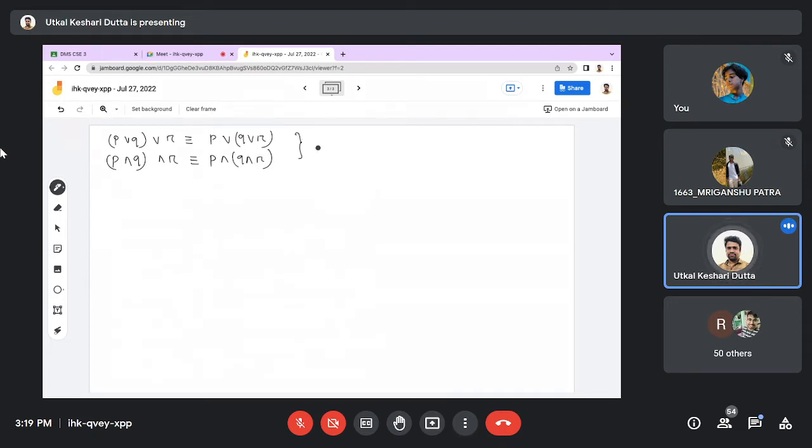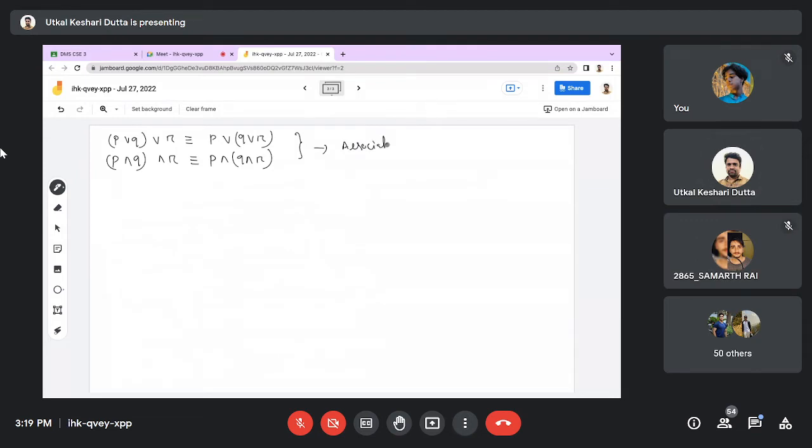These two laws are called which law? Associative law. Yeah, good. Associative laws. That means conjunction as well as disjunction are associative over the propositions.